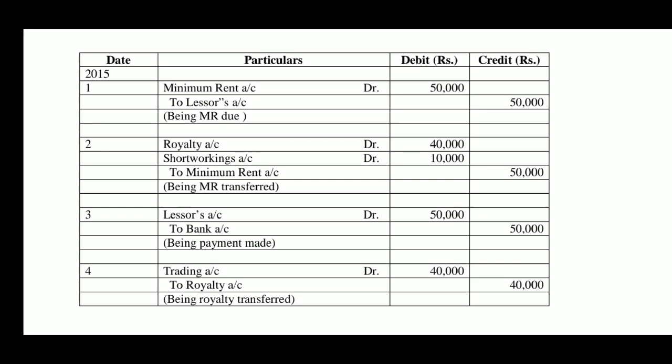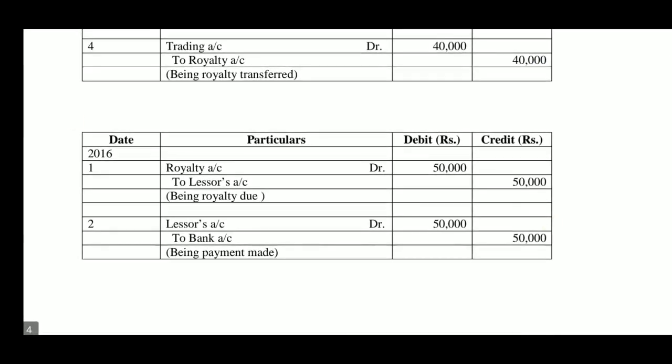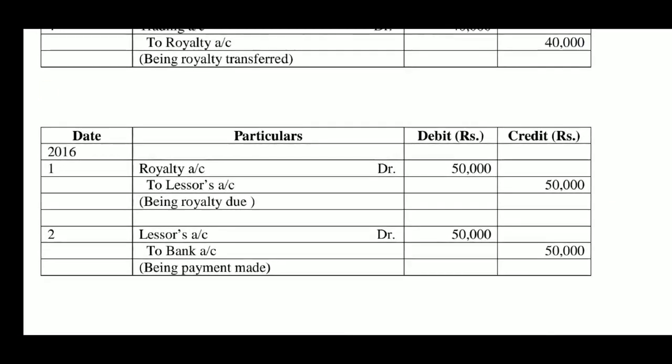Royalty account debtor 40,000, short workings account debtor 10,000 to minimum rent account 50,000 being minimum rent transferred. Third entry, lessor's account debtor to bank account being payment made 50,000 rupees. Lastly, transfer entry, that is royalty is transferred at the end of the year. Trading account debtor to royalty account rupees 40,000 being royalty transferred. Now, in the third year, there is neither short workings nor surplus royalty.